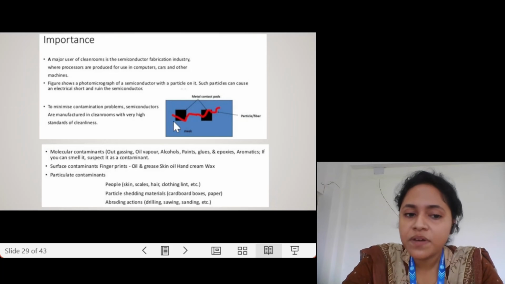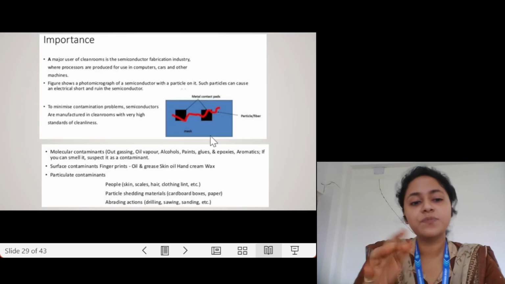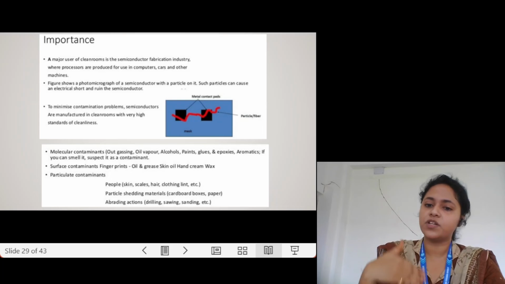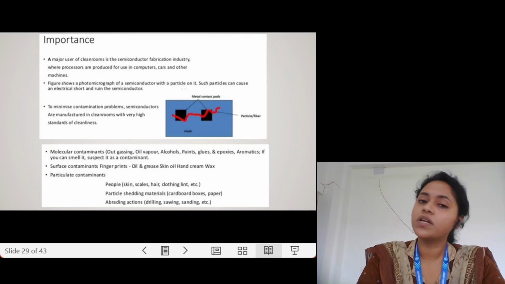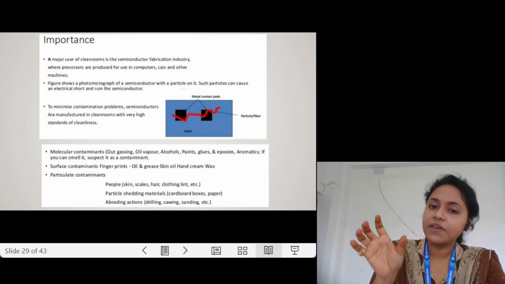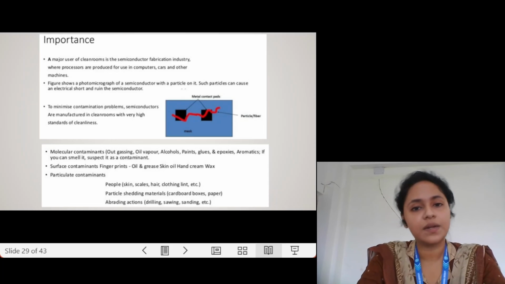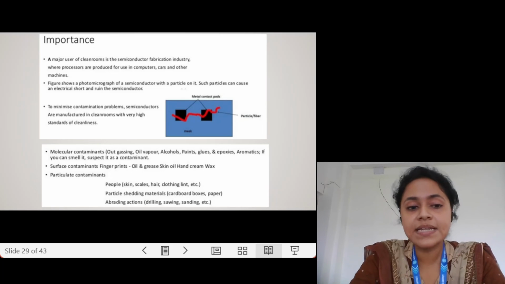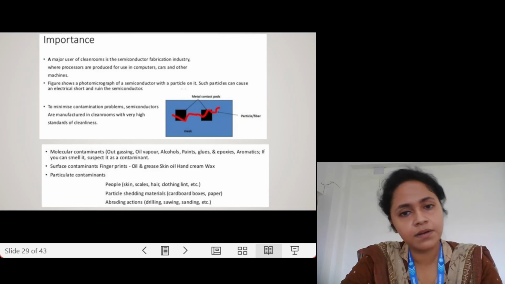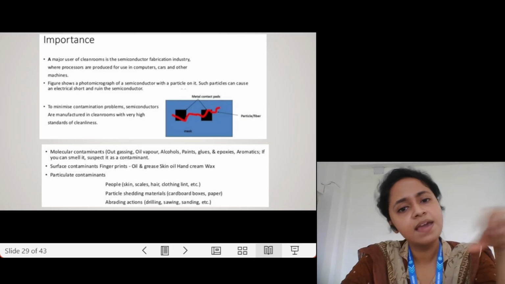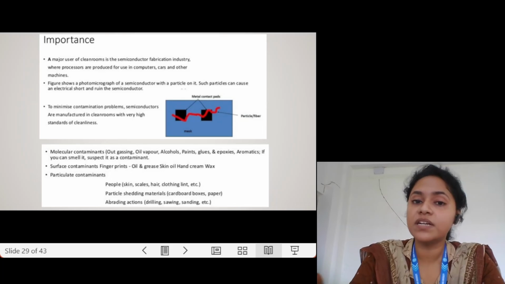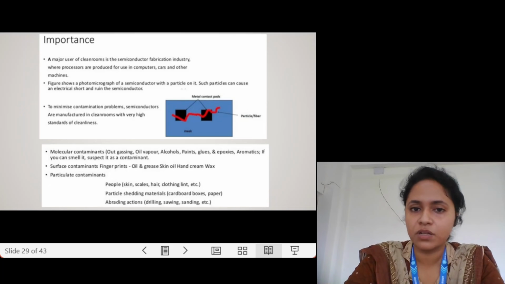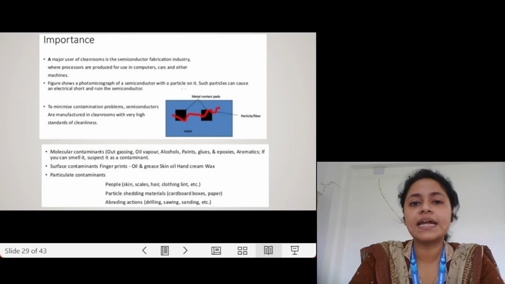Whenever you prepare such a mask and use it for the fabrication of a device, and then test such devices, you find that you are not getting the efficiency you are expecting. The reason is that some of the metal pads got damaged during the fabrication process itself. Either they have been short circuited or open circuited, depending on the type of defect, whatever particle is getting on top of them. So your efficiency is decreased.